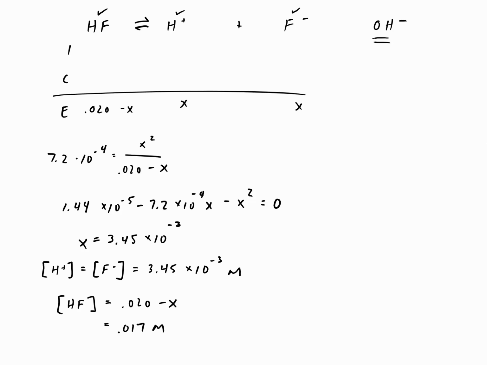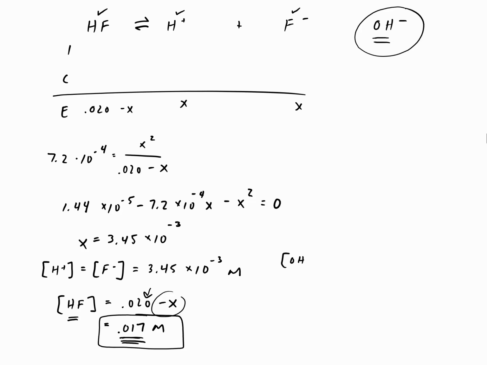This is going to be 0.017. So we see x was actually a significant amount of the initial amount. It put a solid dent in that number. That's why we couldn't use the assumption rule, because we're assuming x would not affect this number, and we see that it actually did quite a bit. OH minus is also in the beaker, so that's another species present that we need to solve for.